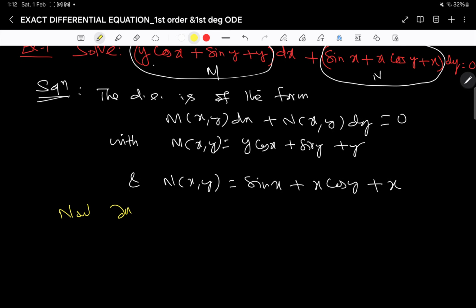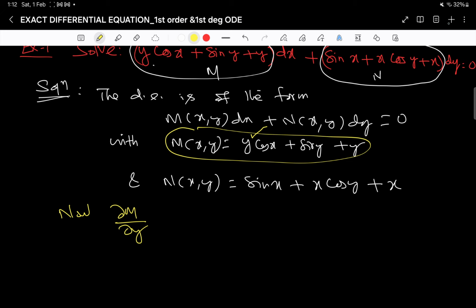Now del M by del y, if we differentiate it with respect to y, treating x as a constant, we have cos x plus derivative of sin y is cos y plus derivative of y is 1.